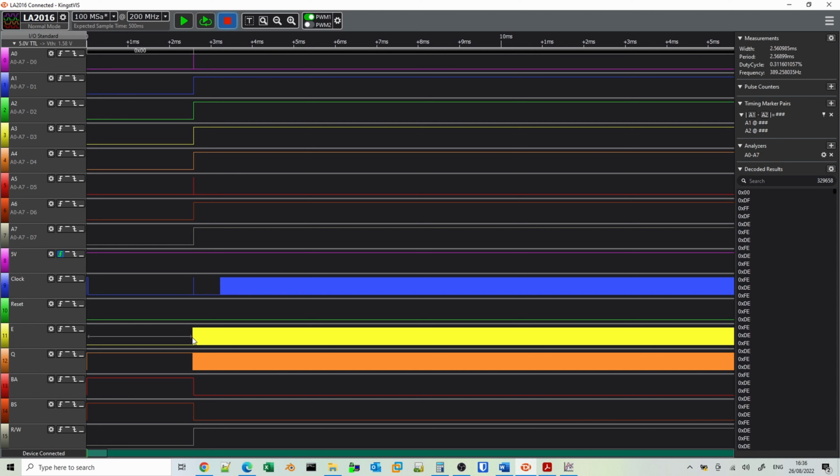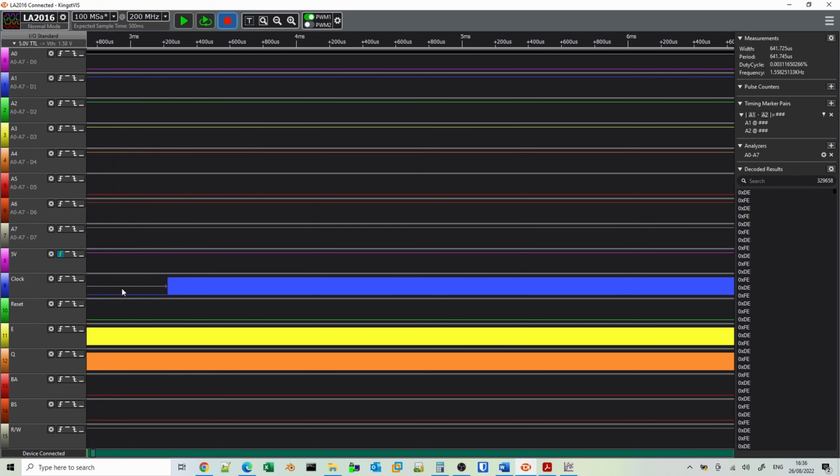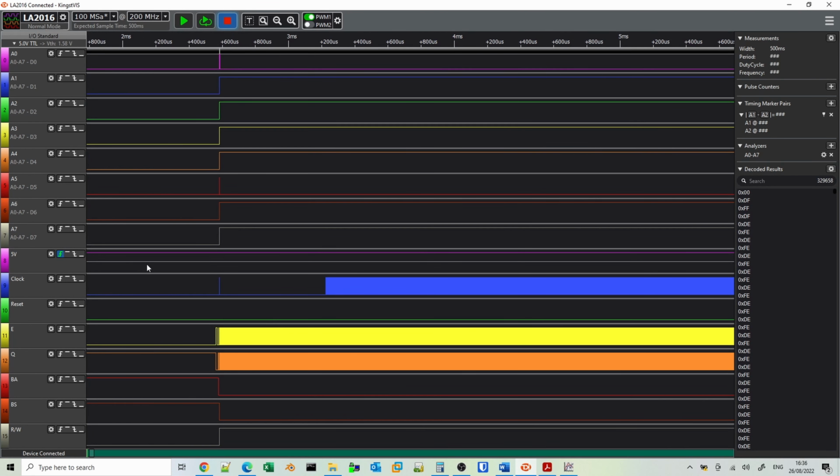But we can also see down here that the E and Q signals are actually running at 1 megahertz, and these seem to be fairly stable quite early on. So again, the issue here is likely to be that the voltage level on the clock signal is quite low, and so it takes a while for the logic analyzer to be able to pick that up and for it to stabilize.